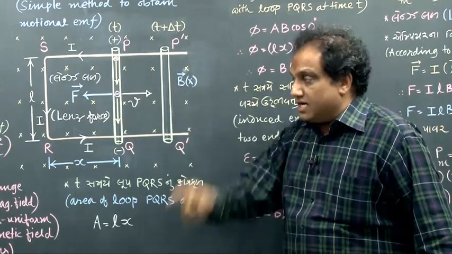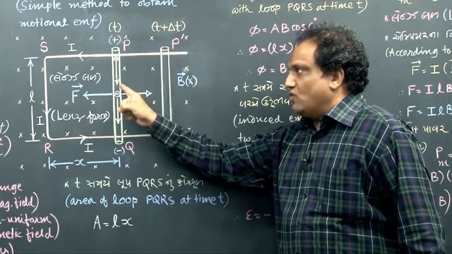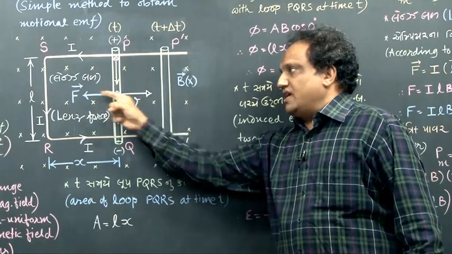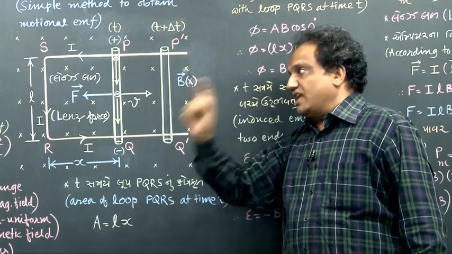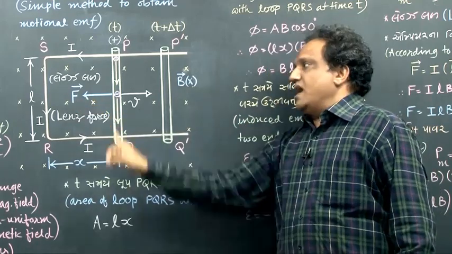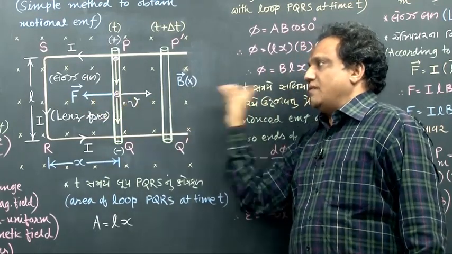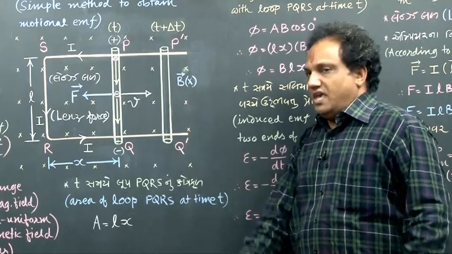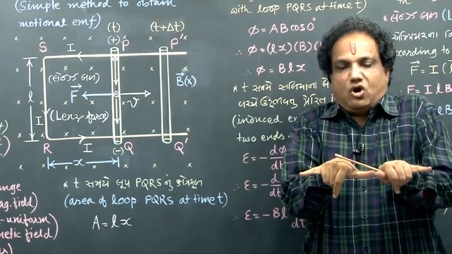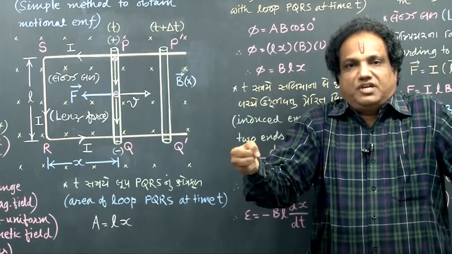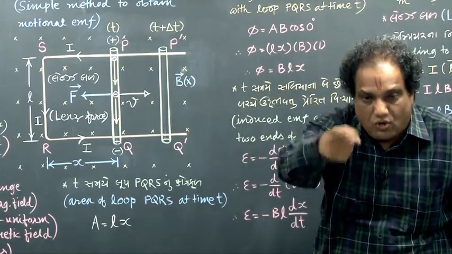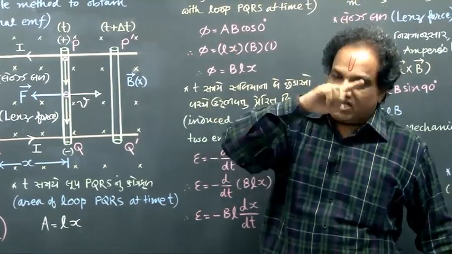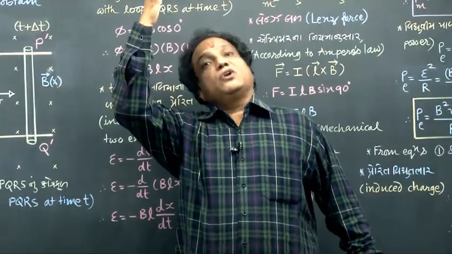I need to exert an equal but opposite force on this rod, a force of magnitude F but towards the right hand side. During the motion, if both forces exerted on the rod are equal in magnitude and opposite in direction, the resultant force will be 0. Whenever resultant force is 0, acceleration will be 0, and when acceleration is 0, velocity will be constant.